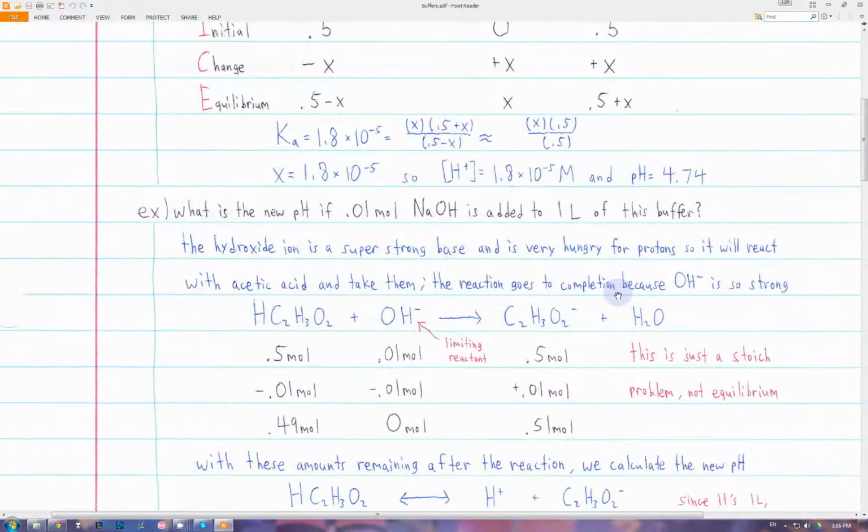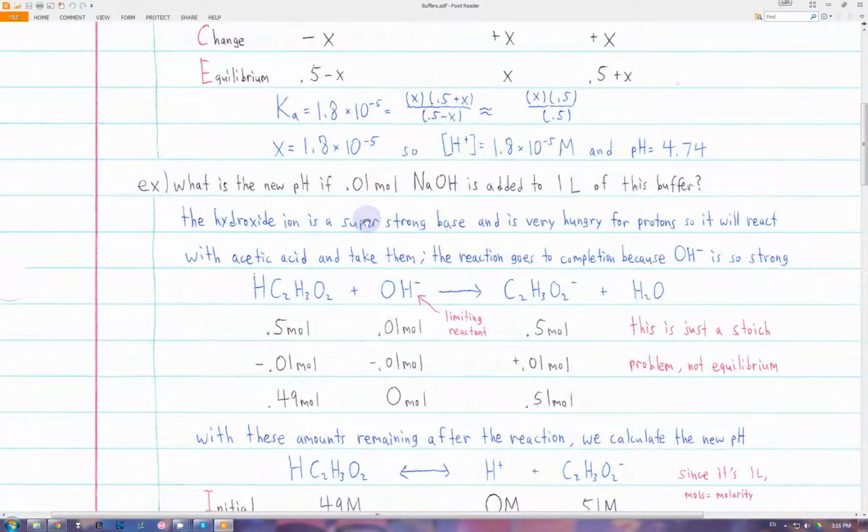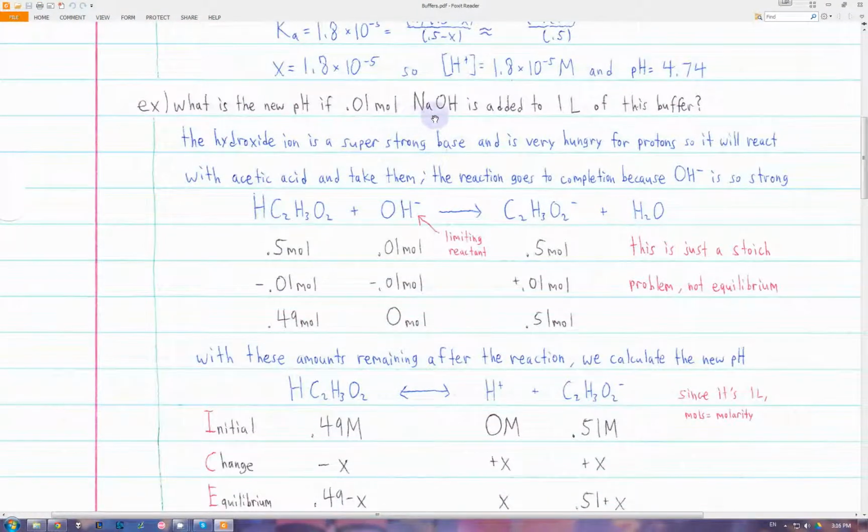So now let's look at what happens to the pH in this solution if we add 0.01 moles of sodium hydroxide. And we say that this buffer is 1 liter. When we add sodium hydroxide, it'll dissociate into Na+ and OH-. And we know that the hydroxide ion is a very, very strong base, so it's very attracted to protons.